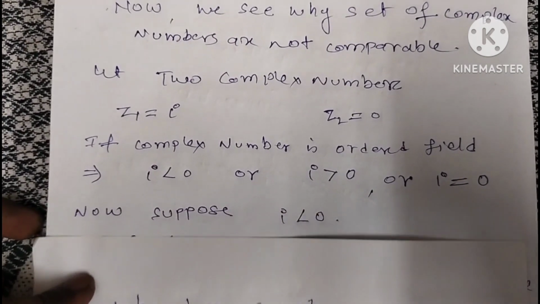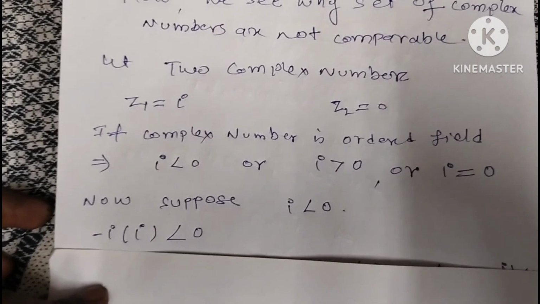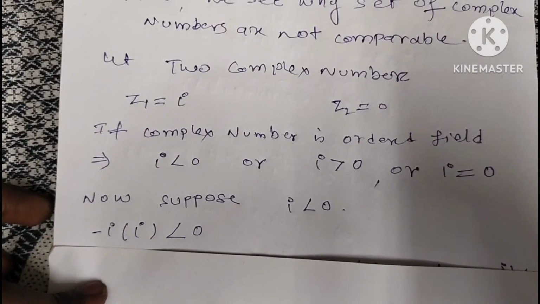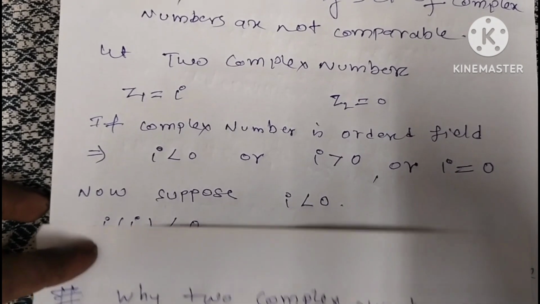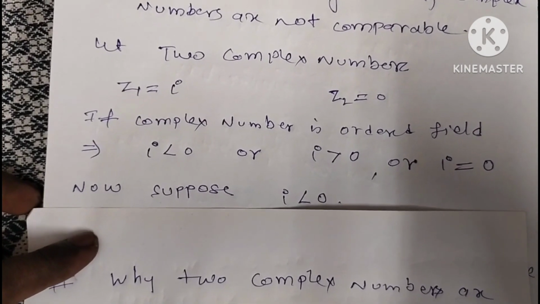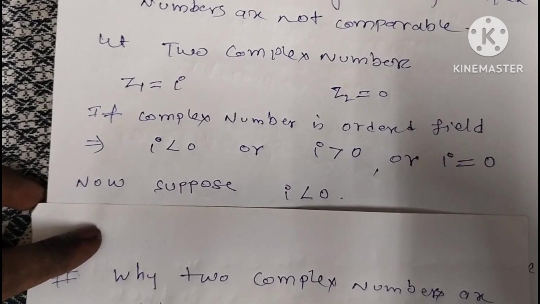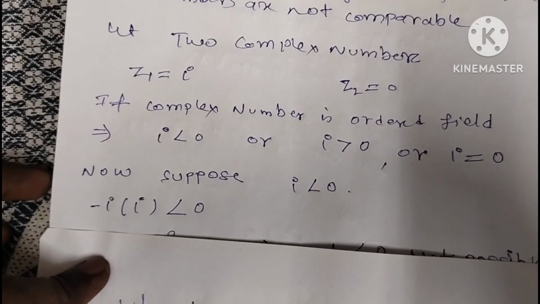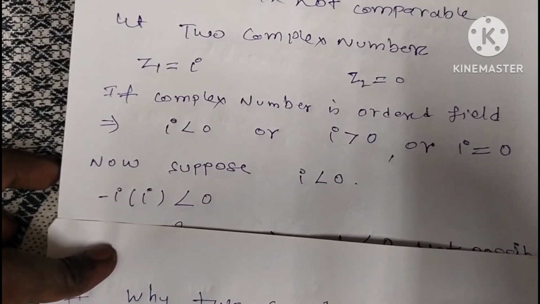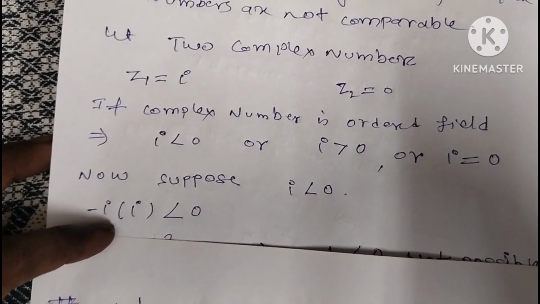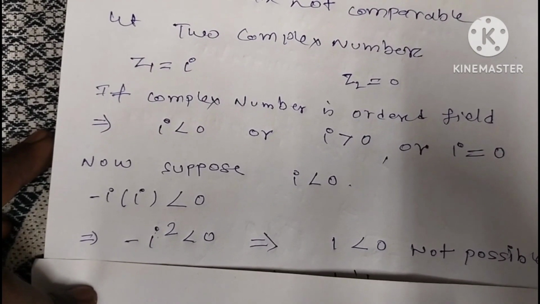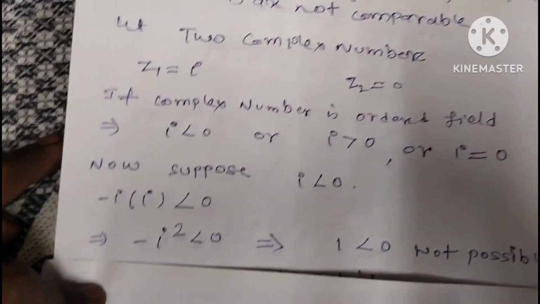So now just suppose iota is less than 0, this first one. If iota is less than 0 and I multiply by minus iota, I have this equation: minus iota times iota is less than 0. This is going to be minus iota square is less than 0.